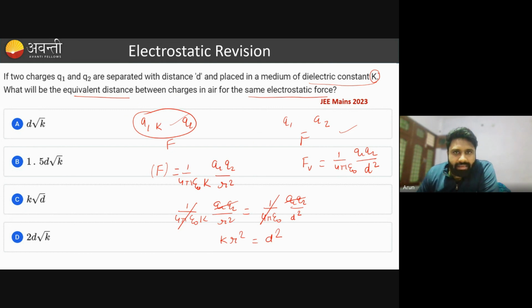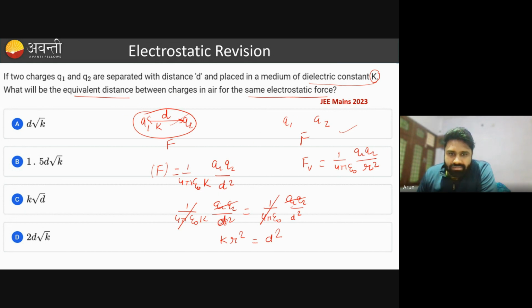Let's say here this distance between Q1 and Q2 is d. Here we have considered it R, so no problem, we have considered it d now.